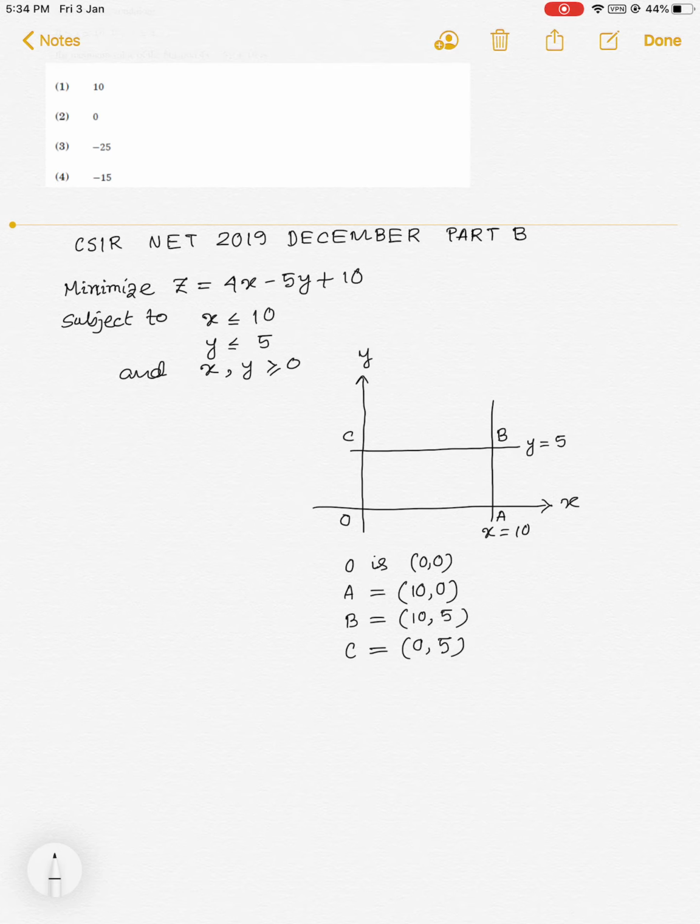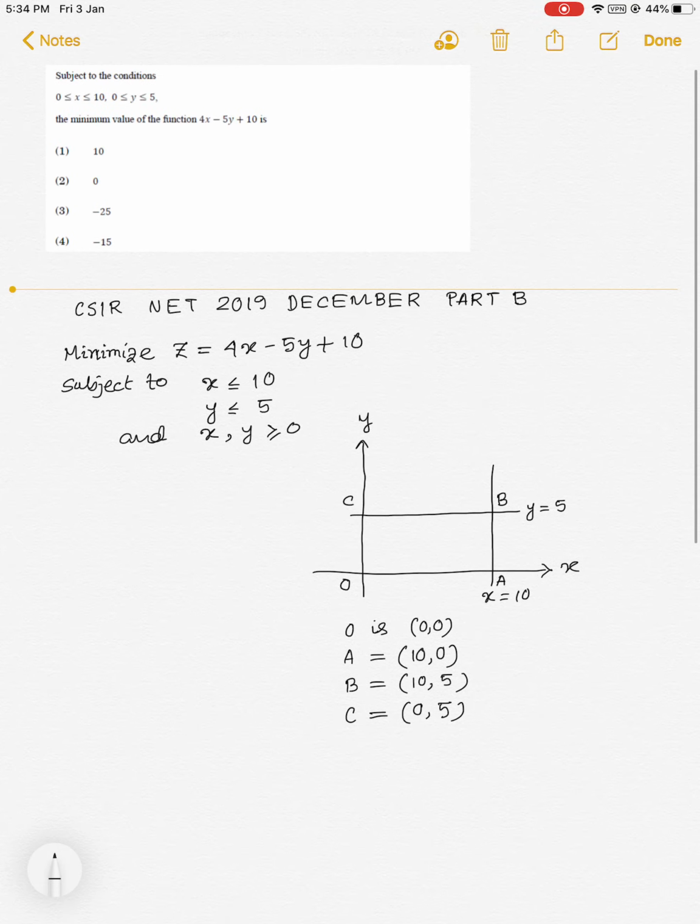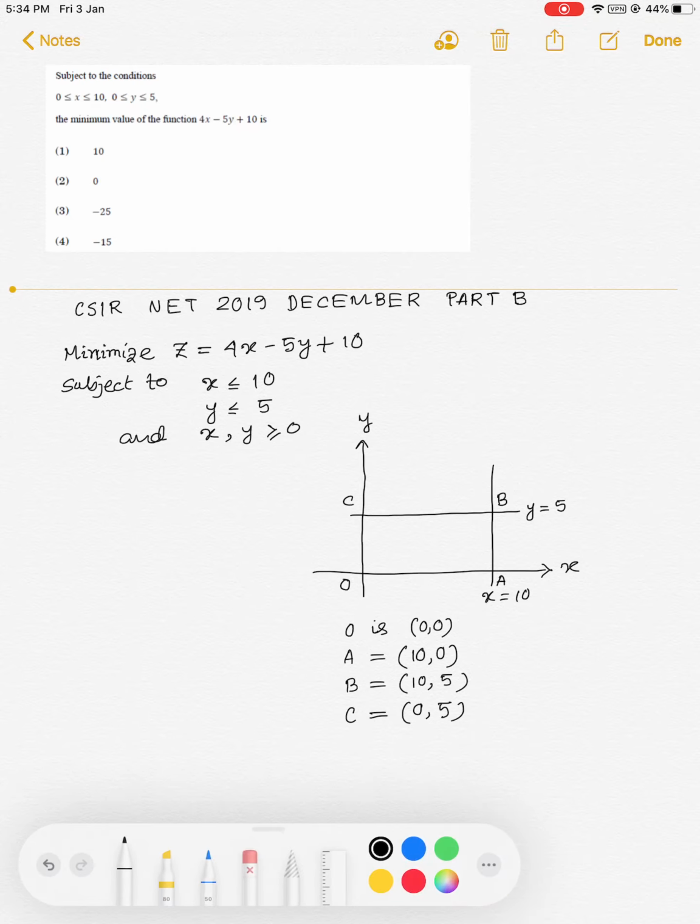Let us calculate the values of the objective function at these extremum points.